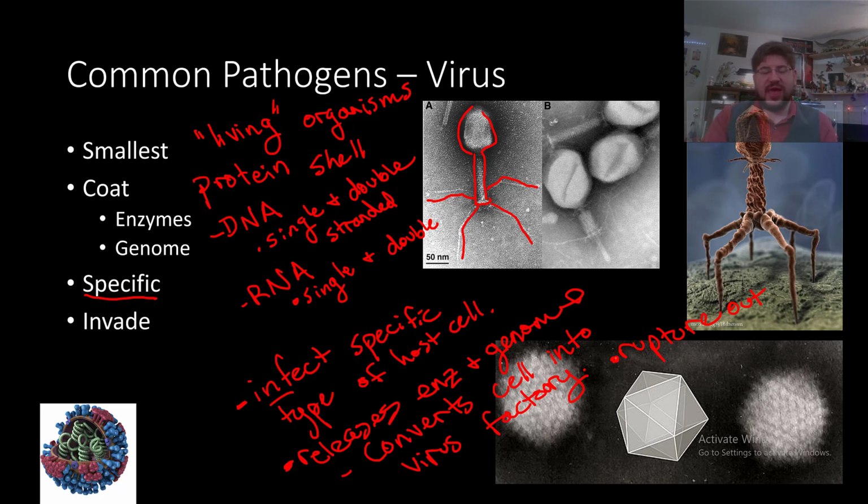Pretty cool. So they invade the cells, convert them into a virus factory, rupture out of the cells, and infect new cells, continuing this cycle until your immune system gets it under control, or you potentially die. So, pretty effective system.